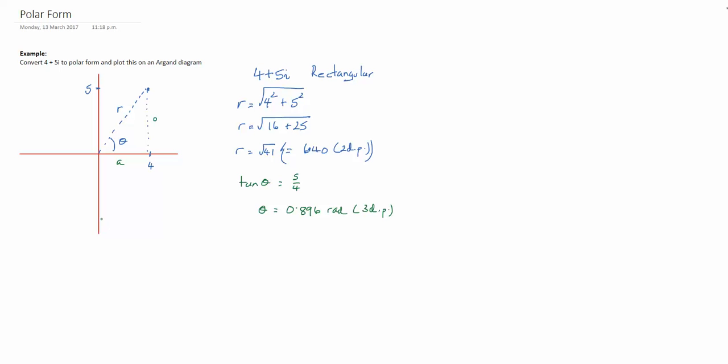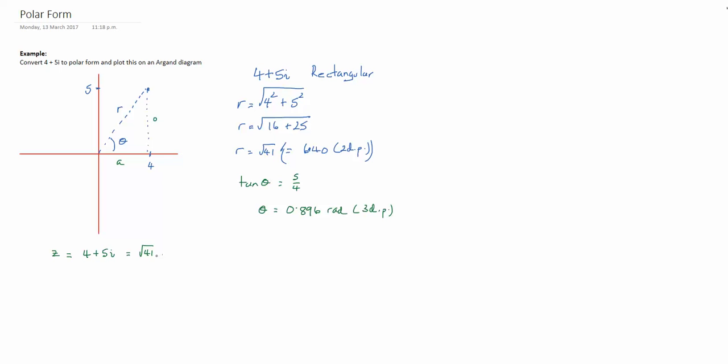So if we put these two things together, let's just do that down here. If we call this complex number just z for a moment, let's just give it a label, 4 plus 5i, that's rectangular form, that is equal to root 41.